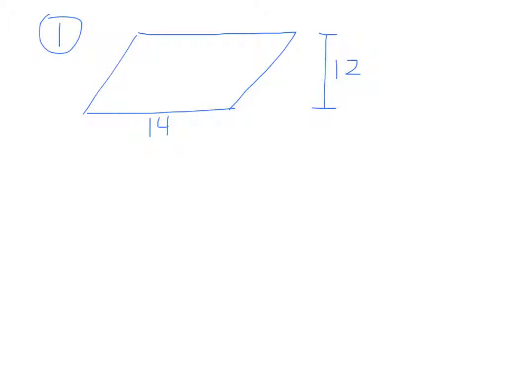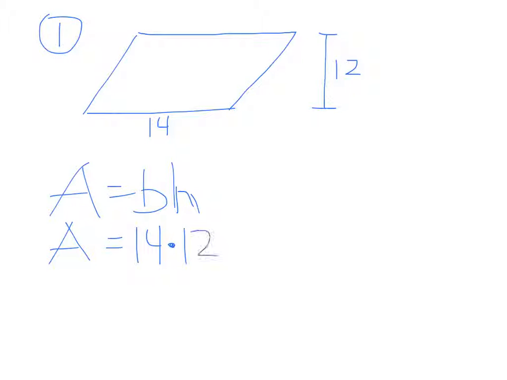Alright, on number 1 we're going to find the area of this parallelogram. First start with the formula, A equals BH. So in finding the area, we know the base is 14 and the height is 12. So 14 times 12, anybody know what that is? 188?